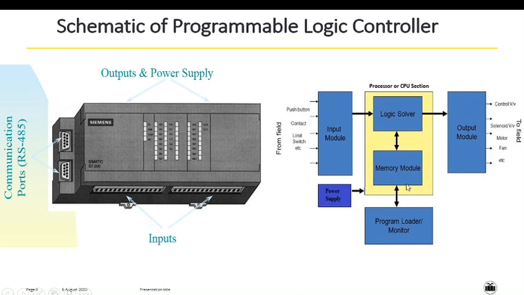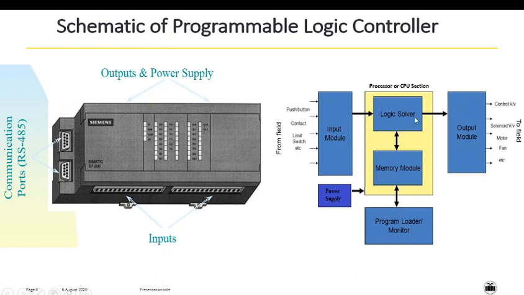Okay, so it consists of a logic solver and memory module. There are various memories: RAM, ROM, EEPROM. A program downloaded to the PLC is stored in the ROM, while for executing the program, RAM is used.